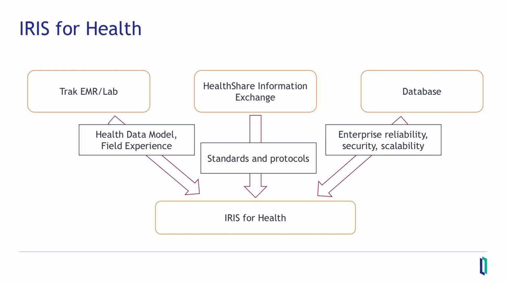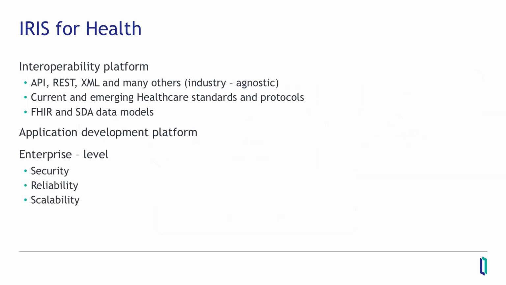And in essence, InterSystems IRIS for Health is a combination of things that we developed over the years and continue developing, just to deliver these products packaged together as your healthcare integration platform, or healthcare application development platform.